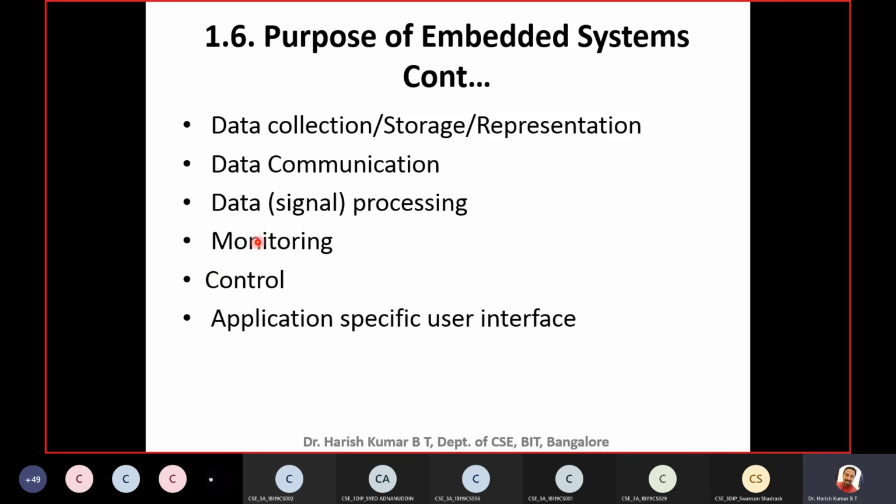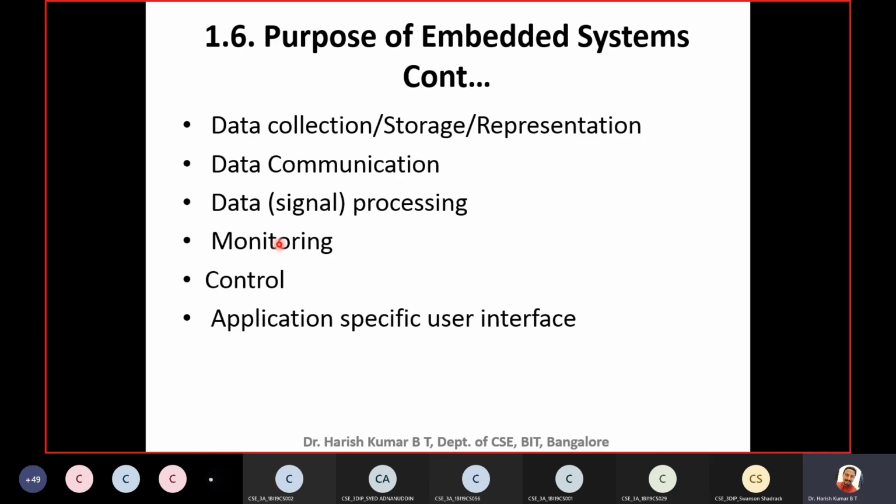For monitoring purposes, the majority of the devices used in the healthcare domain are monitoring devices. They monitor your heartbeat, your BP, your sugar, all these things. And then control systems are also there. Monitoring devices only monitor.